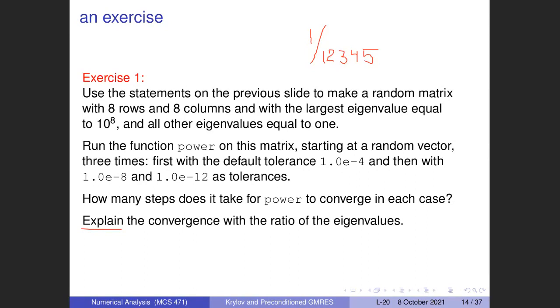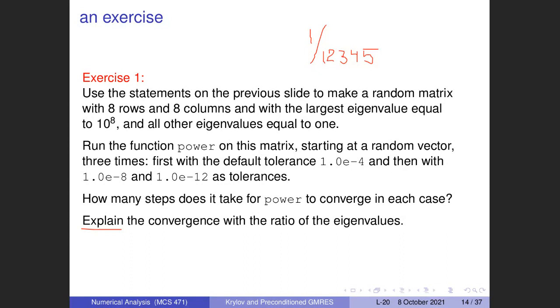And you can also see that for orthogonal matrices, this method will spin around because all the eigenvalues of an orthogonal matrix have magnitude 1. So running the power method on an orthogonal matrix might not really give you that much.